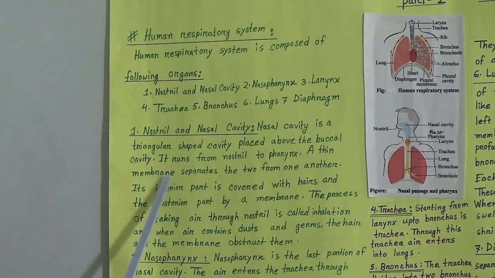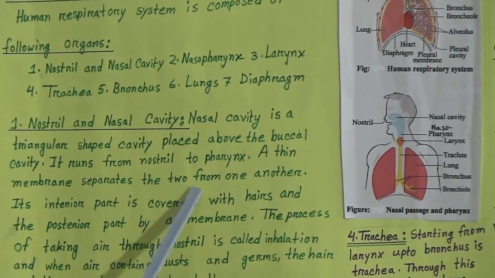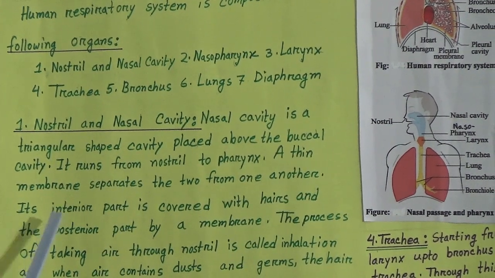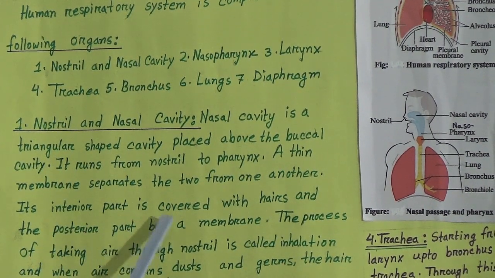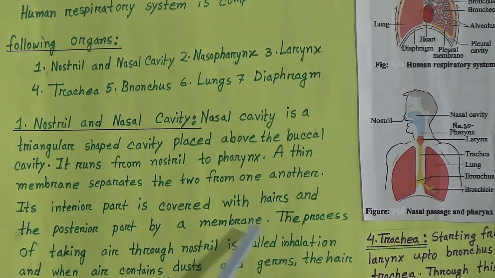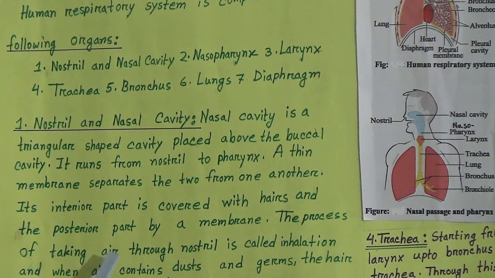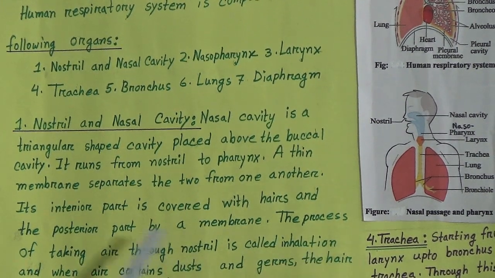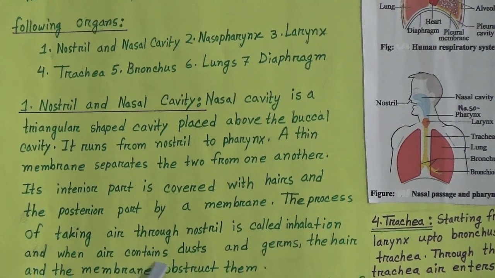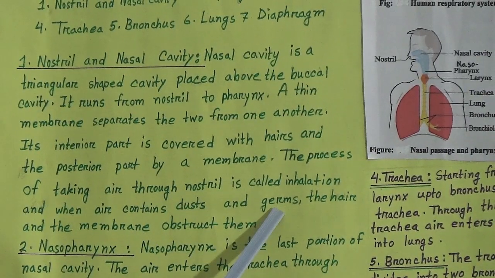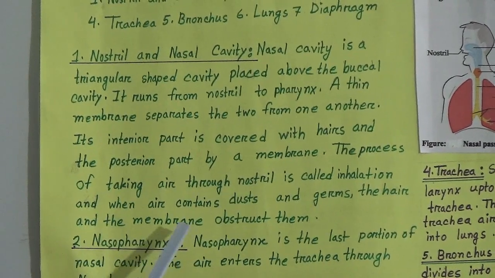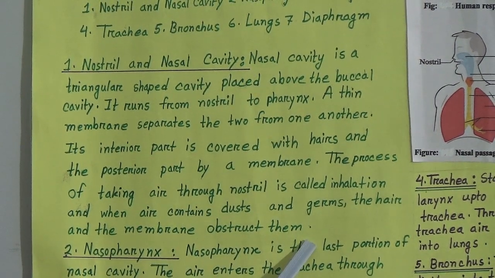A thin membrane separates the two from one another. Its interior part is covered with hairs and the posterior part by a membrane. The process of taking air through the nostril is called inhalation, and when the air contains dust and germs, the hair and the membrane obstruct them.